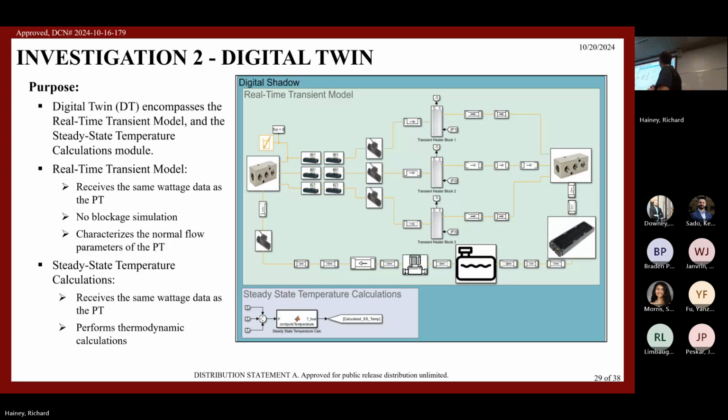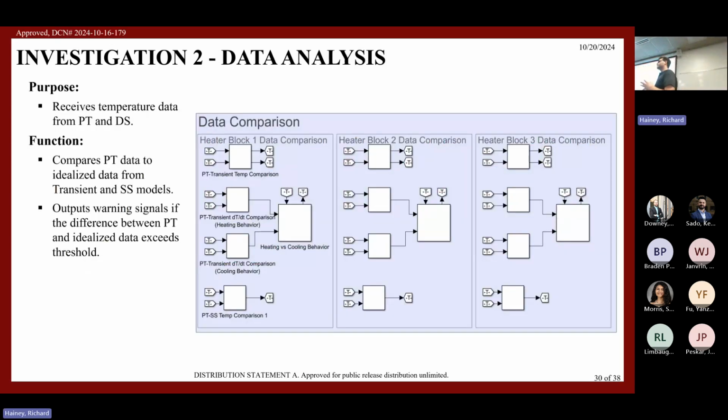So for our checks, how we compare the temperature from the physical system and the digital system is through all of these comparison blocks. You would gather temperature from your physical system and send it into these comparison blocks, which would then compare it to the transient model and to the absolute temperature model, the steady state model.